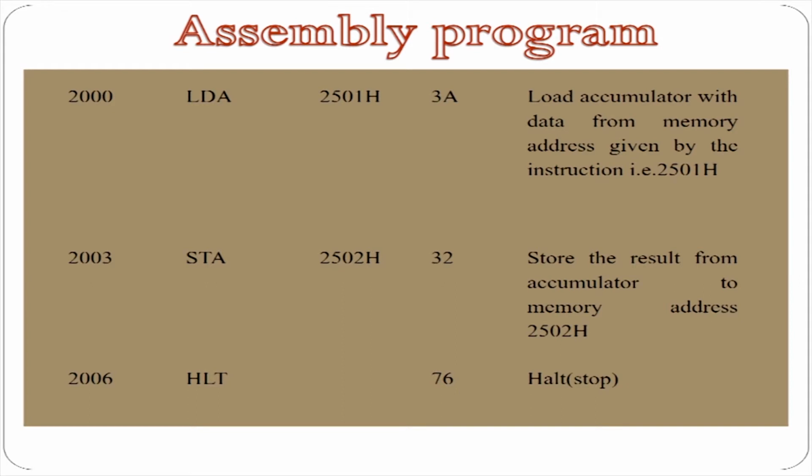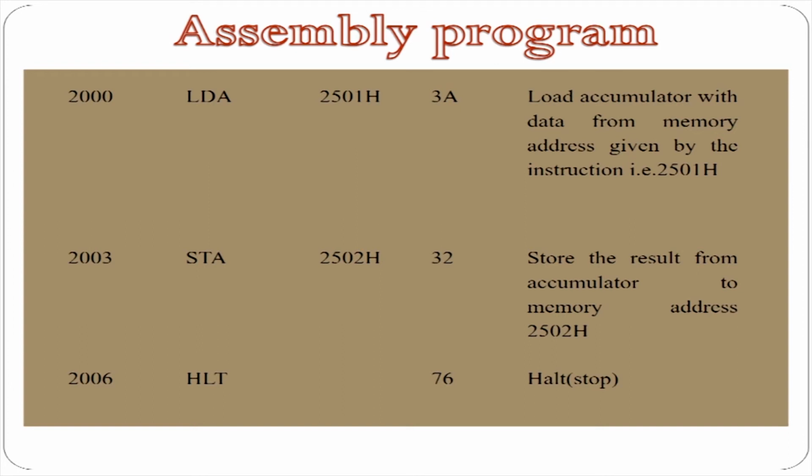Next is memory address 2003, mnemonic STA, operand 2502H, opcode 32. Comments: store the result from accumulator to memory address 2502H. Next memory address is 2006. Mnemonic here is HLT, opcode is 76, and comments are halt, stop.